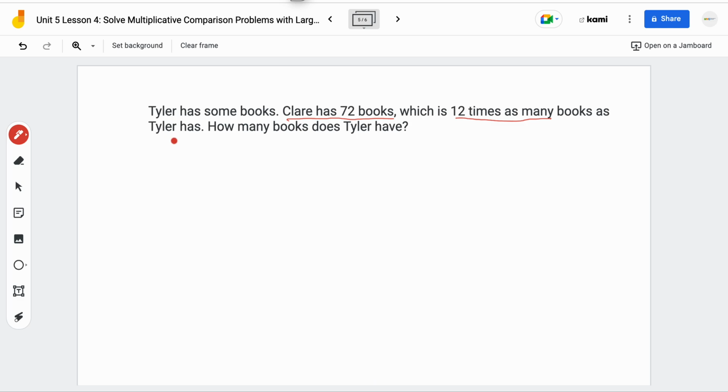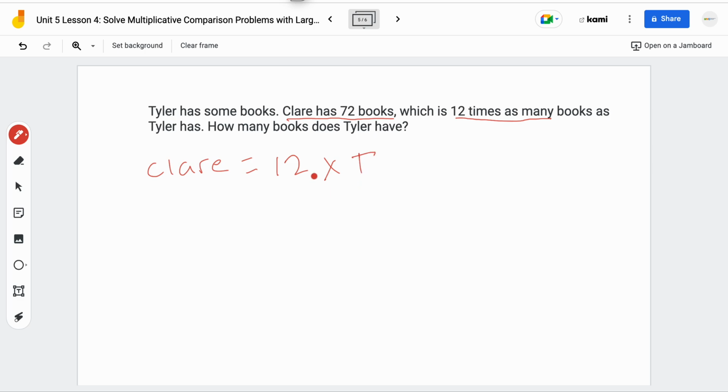Okay, so we can notice that Claire, so we know that Claire has 72, which is 12 times as many as Tyler. So Claire equals 12 times as many is multiplication. 12 times T for Tyler.